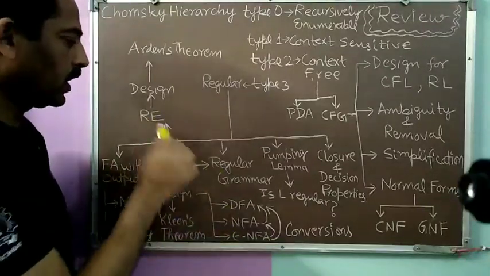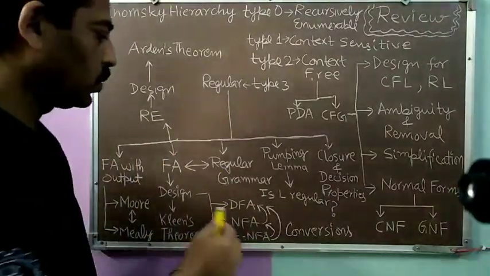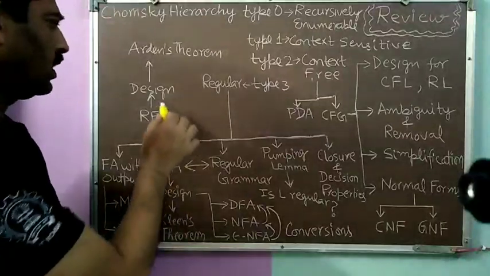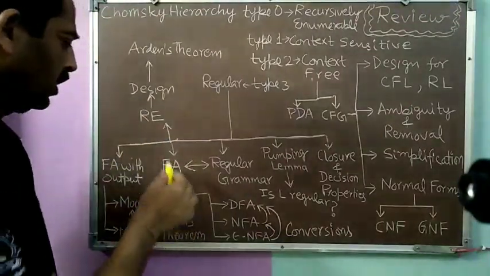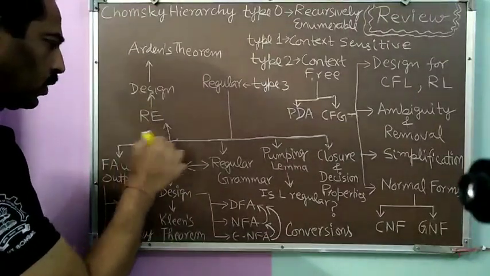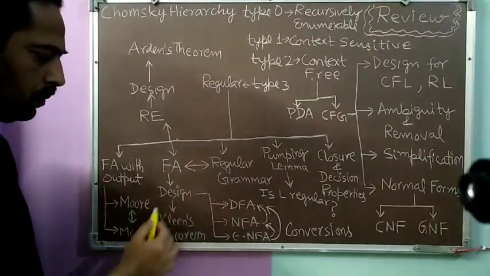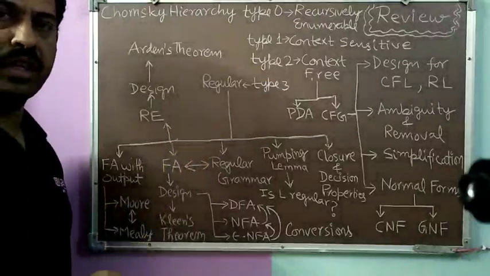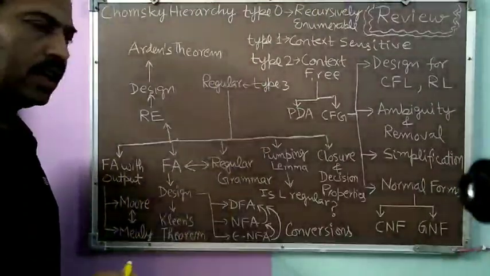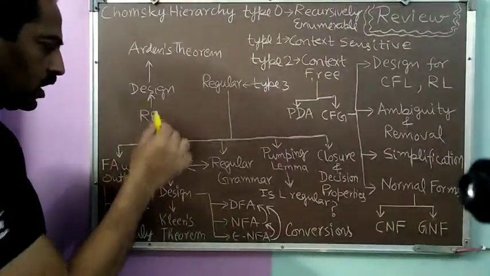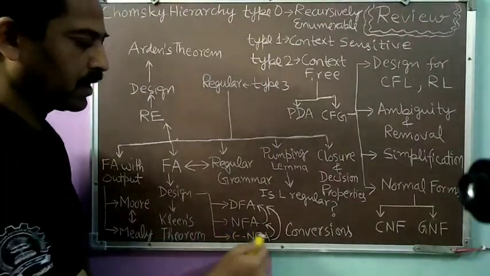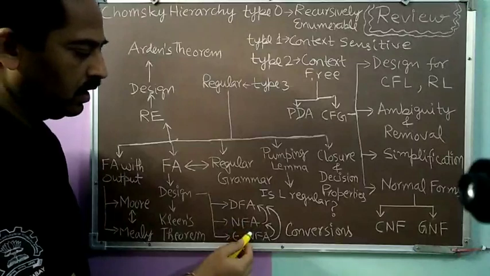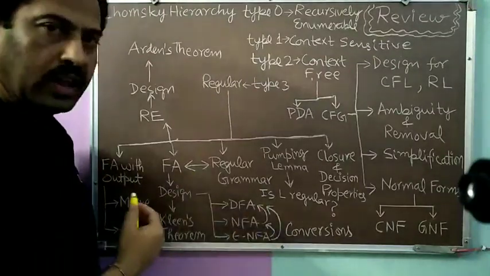So in this manner, we can convert our regular expressions to DFAs. There are direct methods also to convert regular expressions to DFAs. So from the regular expression, using Kleene's theorem, we can directly convert a regular expression into the corresponding DFA. Basically, this regular expression through Kleene's theorem is converted into the epsilon NFA, and then we have the method to convert epsilon NFA to the DFA.